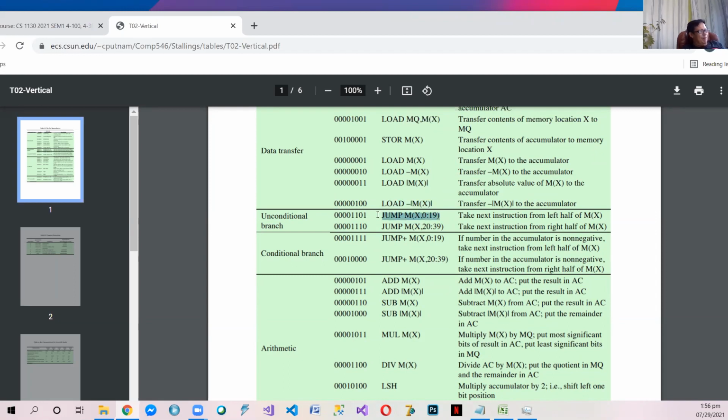And then we have jump MX, 0 to 19 and 20 to 39. There's a jump left and a jump right, because the IAS is not a fully vertical computer, no? It's also horizontal. You can jump to the left and to the right. We'll explain that further later.